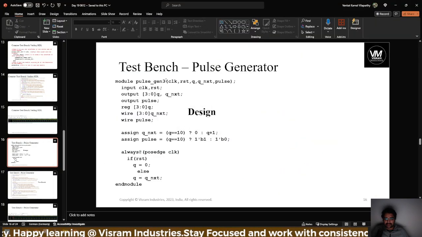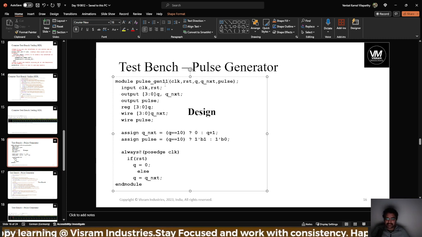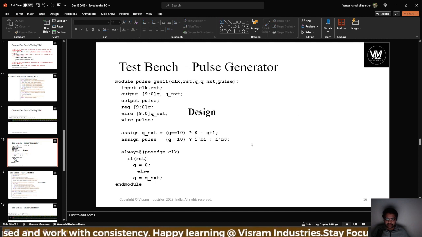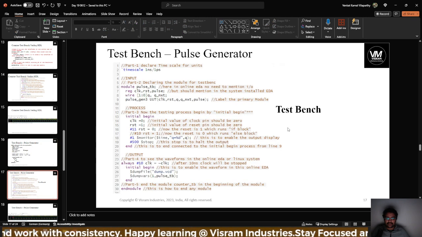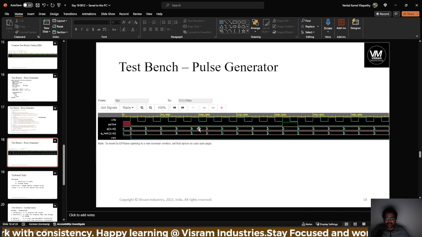So the simple difference is you can mention Q as 11, and the output can be taken for 9 bit, and for every 11 bit generation you can see the output like this.